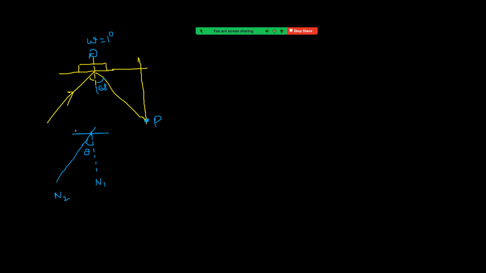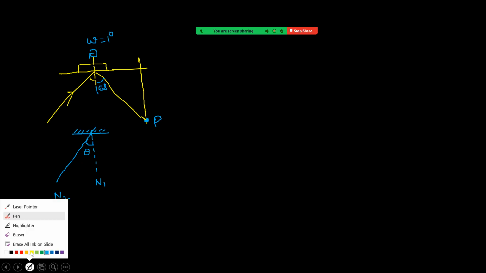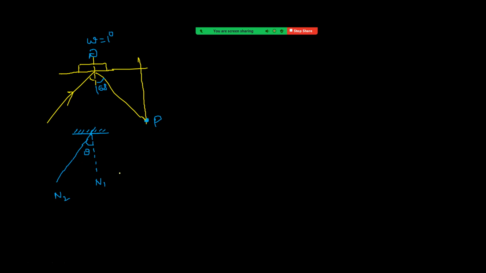So this is now the mirror. And coming to the instant, the ray makes an angle 60 minus theta with the new normal. This is now the instant ray. It makes angle 60 with N1. With N2, it makes angle 60 minus theta, right?